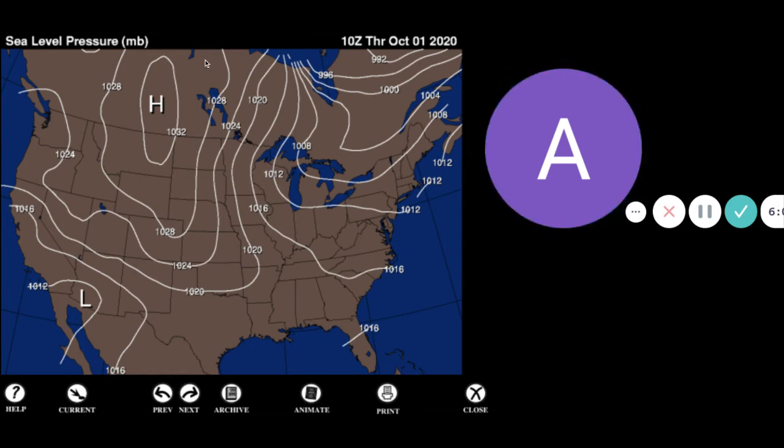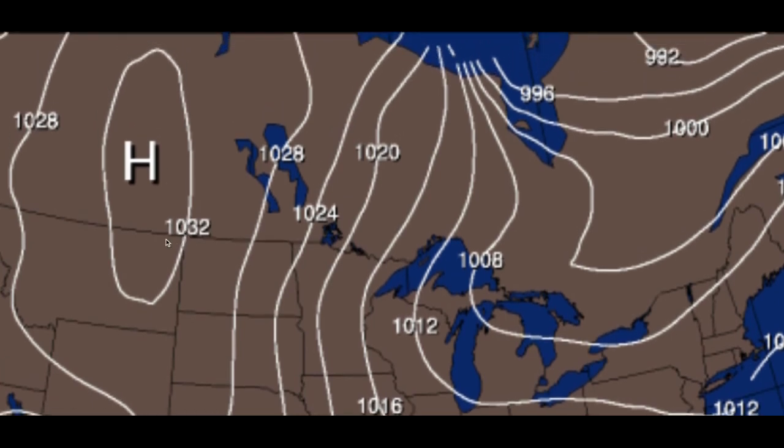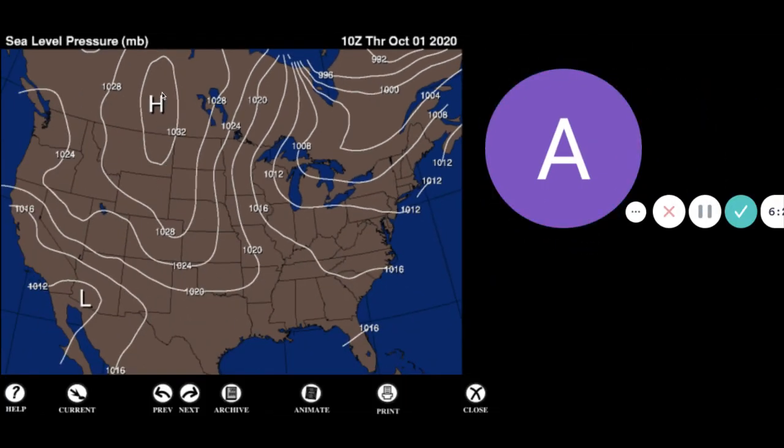And then I cross over the 1028 millibar line, so all this area in here is assigned 1028 millibars for the air pressure. And then lastly, I have a 1032 millibar isobar, and everywhere inside this oval gets assigned an air pressure of 1032 millibars.